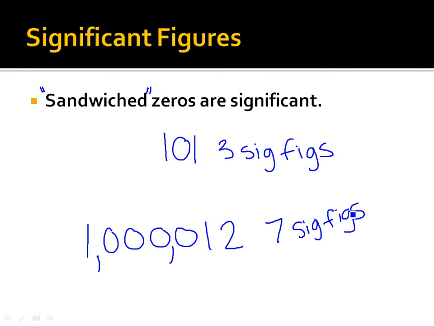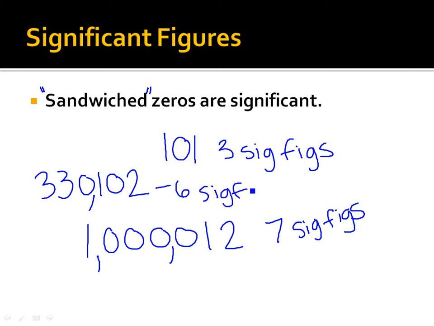Okay, we'll look at one more example. We'll look at this number. We have 2 zeros, and both of those zeros are sandwiched between 2 non-zero digits. Therefore, all of these numbers are significant. So we have 3, 6 significant figures.